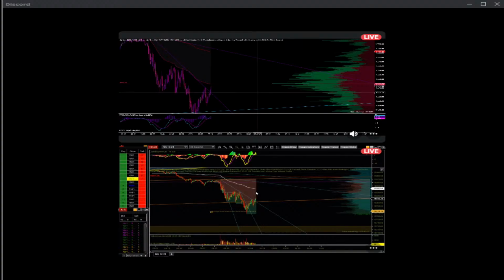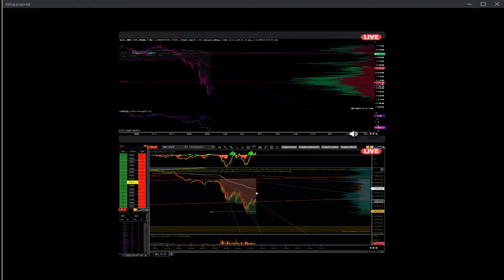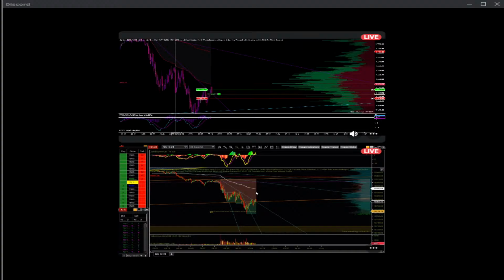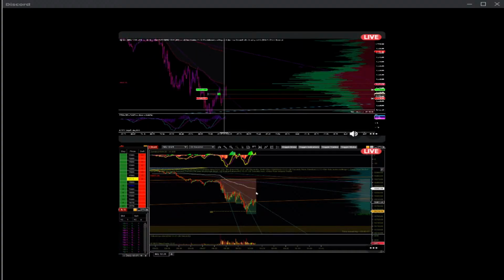Yep, retested and shot right up. That's a hard retest. Little concern. I don't like this hard retest. That can go both ways.